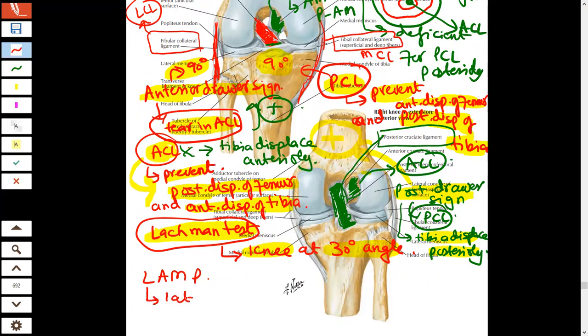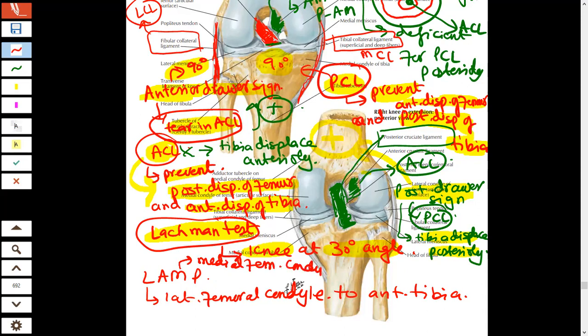L is your lateral femoral condyle to the anterior tibia. Okay, and M is your what? Medial femoral condyle to posterior tibia.